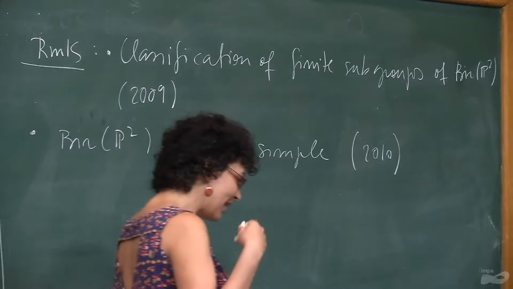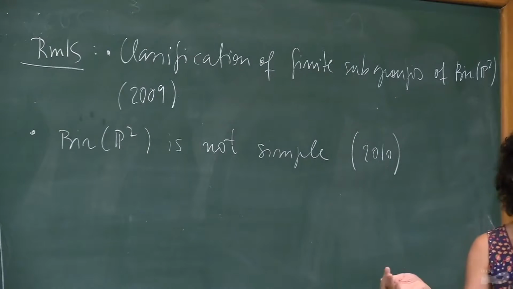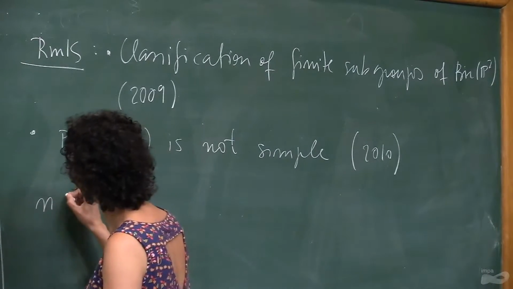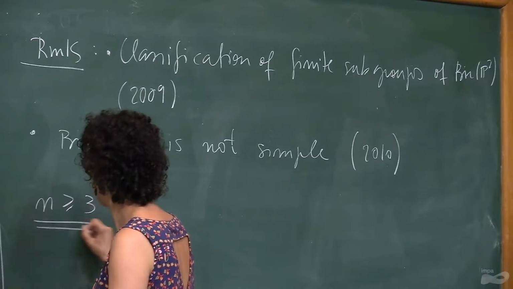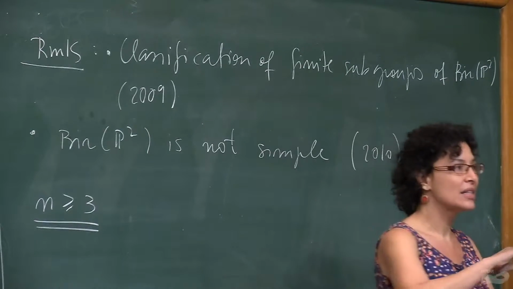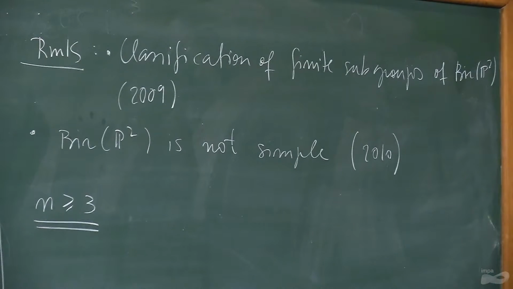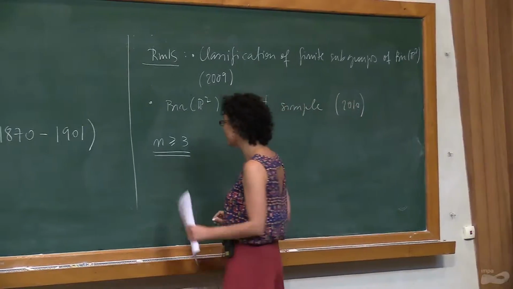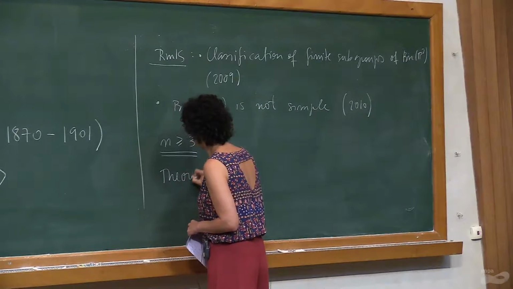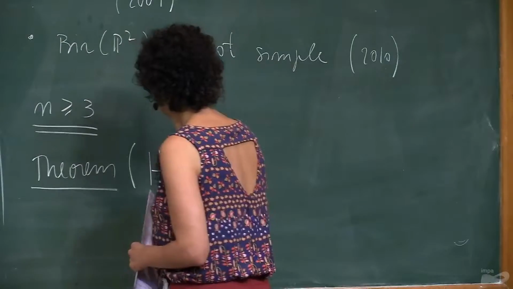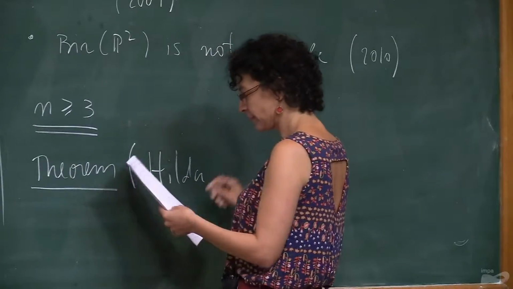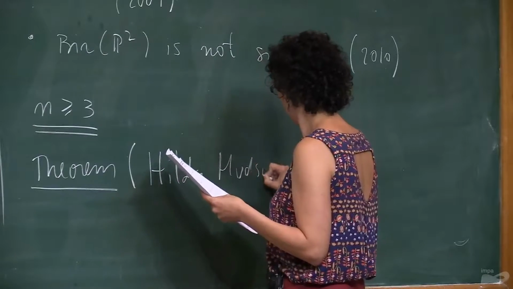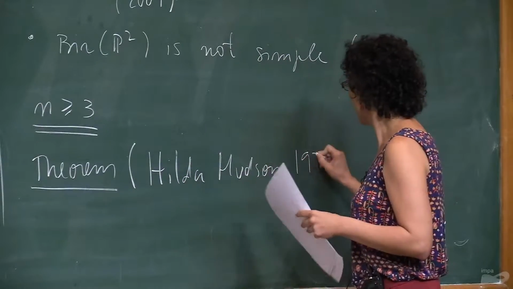You can imagine that in higher dimension things are even more complicated, and it's true that in higher dimensions, for n at least 3, the Cremona group is wild. It's very mysterious. We know very little. For instance, let me just state a theorem by Hilda Hudson from 1927.